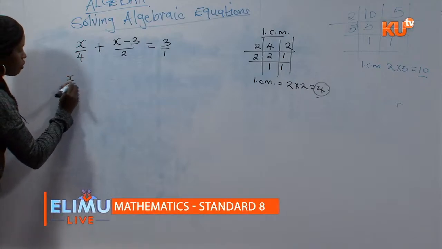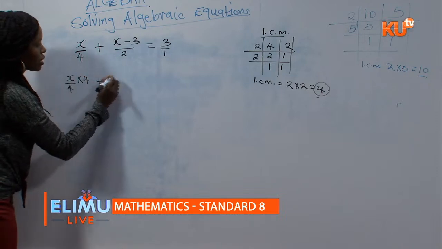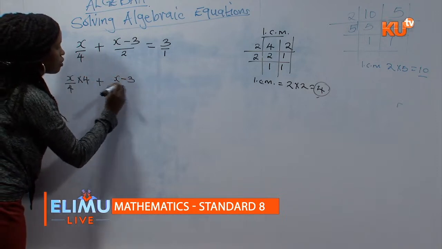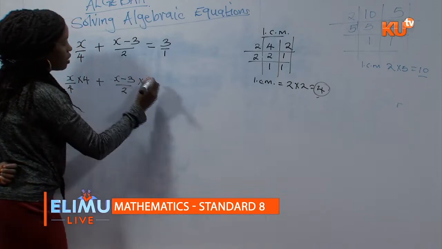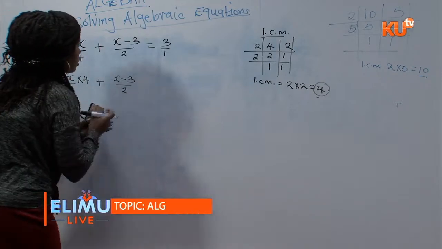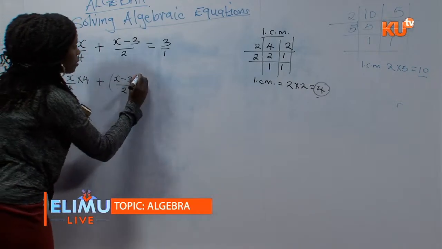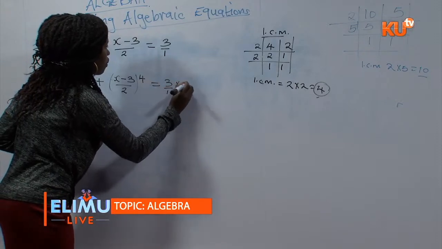So I'll take x over 4 times 4 plus x minus 3 over 2 times 4. So let's use a bracket here. Our times 4 is equal to 3 over 1 times 4.